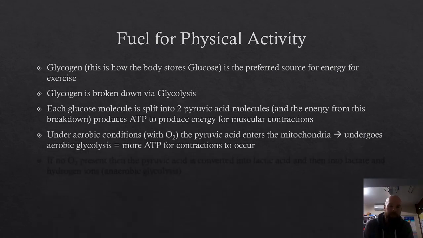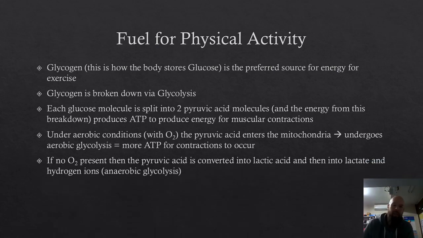This is where it gets a little bit complicated, and there will be a visual explanation in a bit. Under aerobic conditions, so that's when the body is able to use oxygen, the pyruvic acid enters mitochondria, and you've probably heard about mitochondria if you've done biology, and it undergoes what's called aerobic glycolysis, and then we get more ATP for muscular contractions to occur.